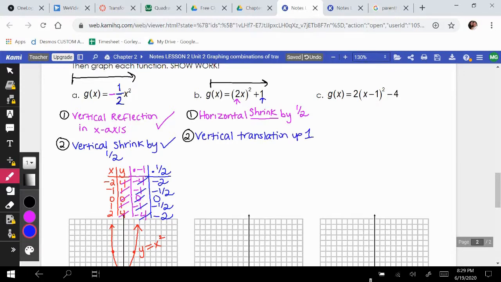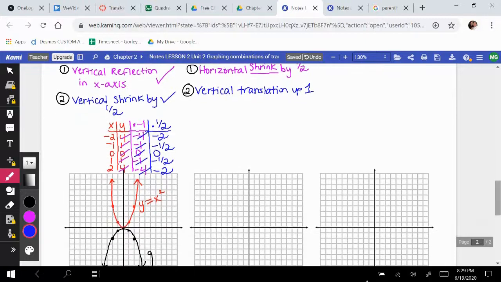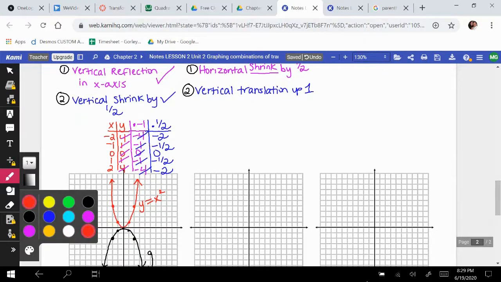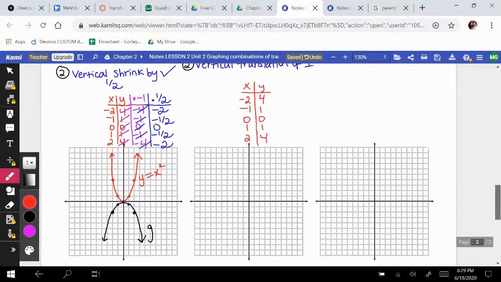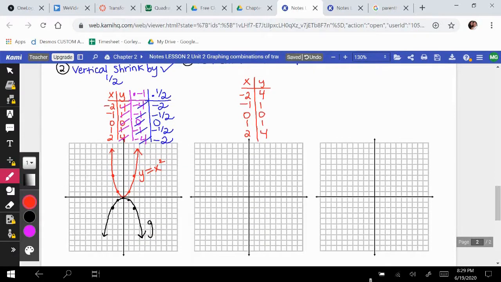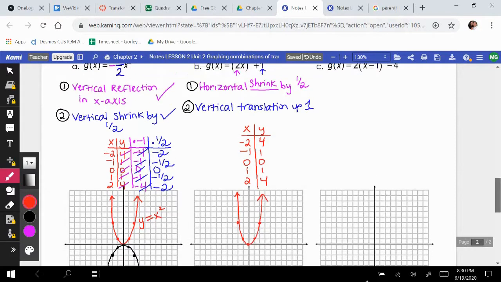Okay. All right, we're going to start with our parent points. I'll do it again in red. So x, y, we have -2, 4, -1, 1, 0, 0, 1, 1, 2, 4. We'll go ahead and plot that U shape. Okay, and then we'll transform that graph.